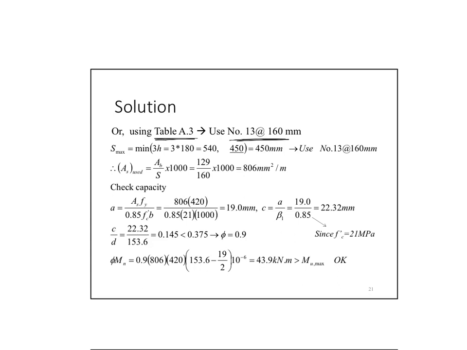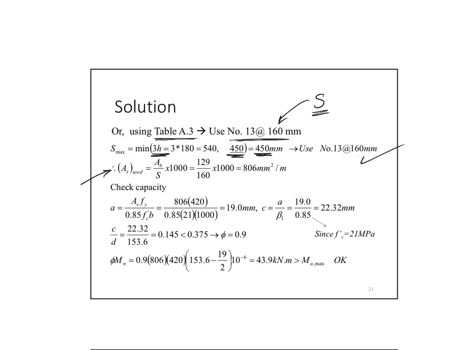Let's now check the S maximum because that's the S chosen. This is my S now. I have to compare this S to my S maximum. S maximum is the bigger of 3H and 450. Right? So it ended up 450. I chose 160. 160 is smaller. I'm good. And then my AS used is now going to change a little bit because we rounded down, remember?